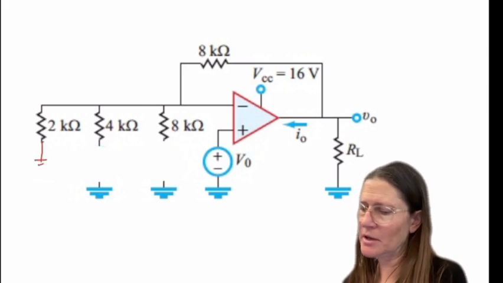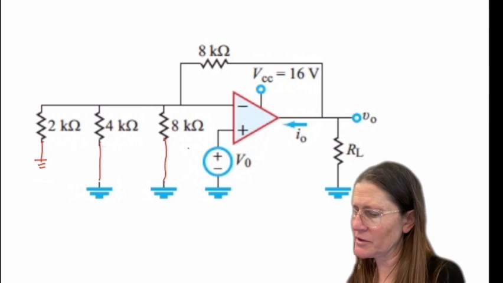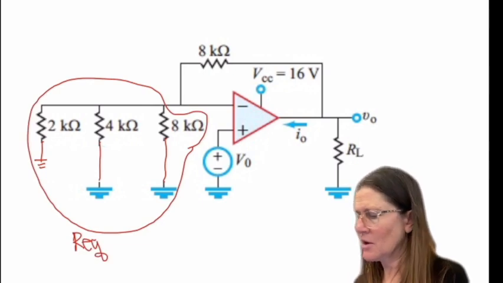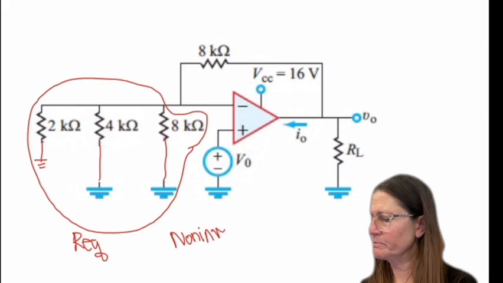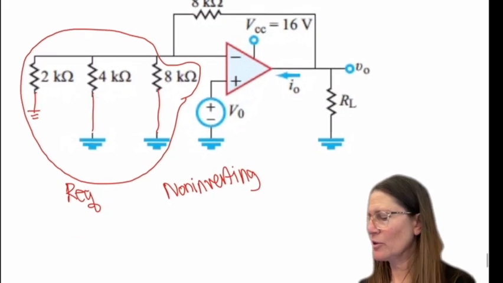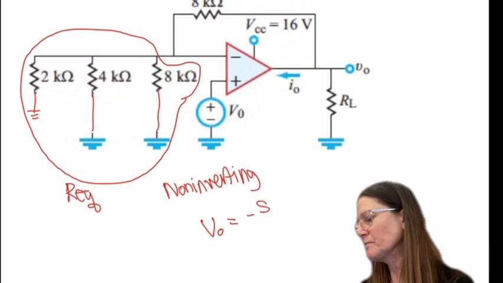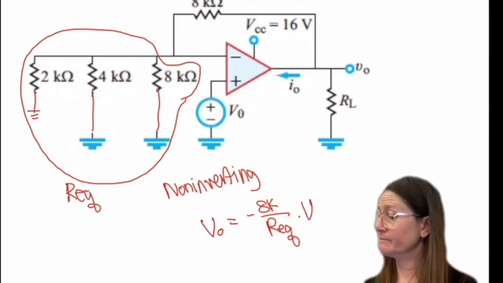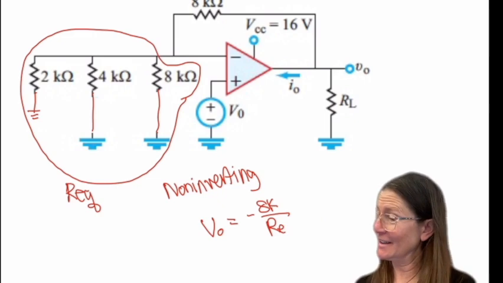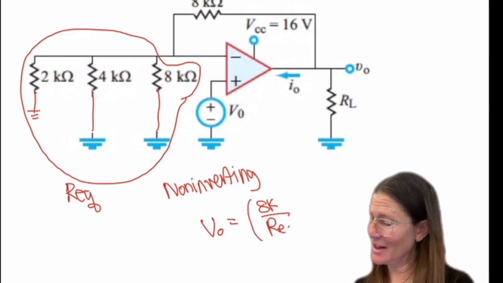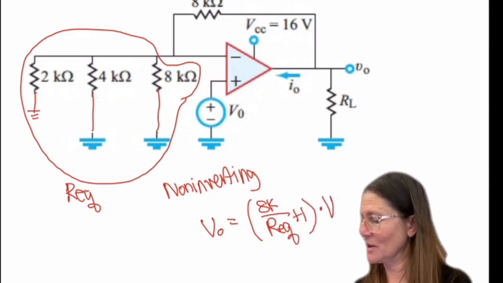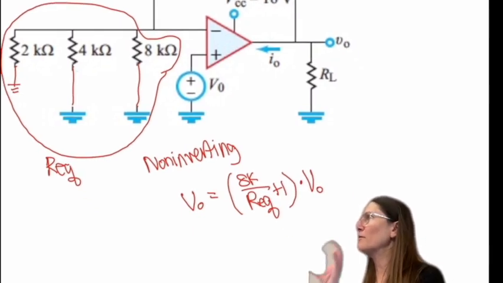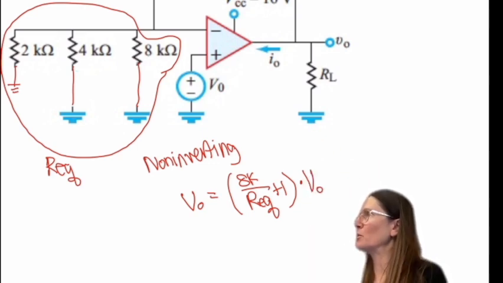And if I combine each of these as an equivalent resistance, this would be a non-inverting amp. So your V naught here would be a minus 8K over R equivalent times V naught. Sorry, I'm doing the wrong one again. Plus 1. 8K over R equivalent plus 1 times V naught as a non-inverting. Does that make sense? So you would then find that solution and then add that to the summer equations.